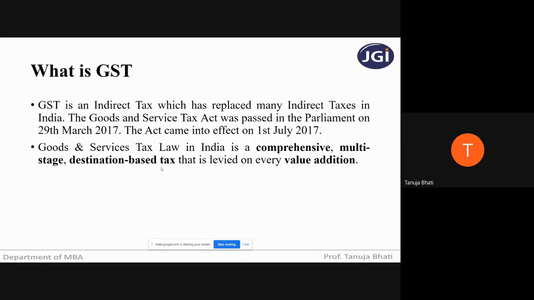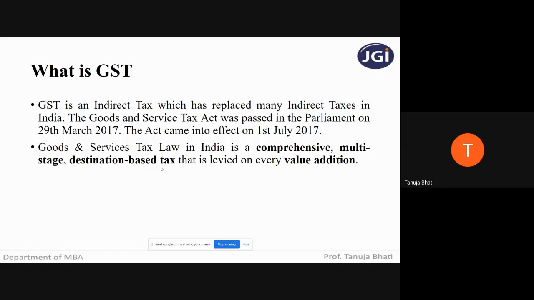So I was charging central sales tax. Now, whatever central sales tax amount was being collected from the purchaser, this amount used to go to the Karnataka government. Since the goods originated from Karnataka, the seller is from Karnataka, the Karnataka state government used to get the money of the tax.